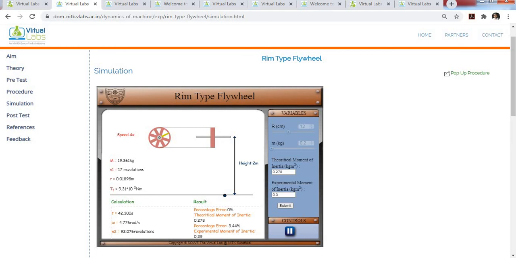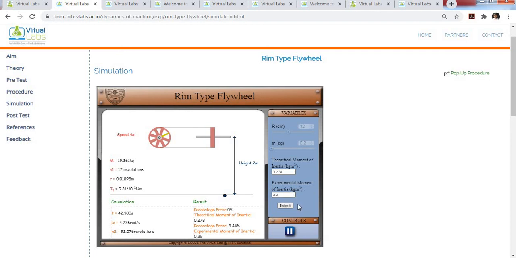For the experimental moment of inertia, we have to use the formula we have already seen: I equal to m 2gh by omega square minus r square, divided by 1 plus n1 by n2. Substitute all the values in that formula and get the result. Whatever result you obtain, enter the value in the theoretical moment of inertia and experimental moment of inertia boxes, and then click submit.